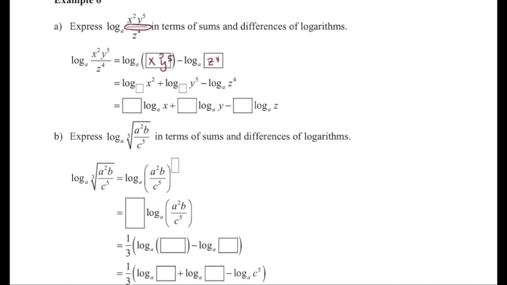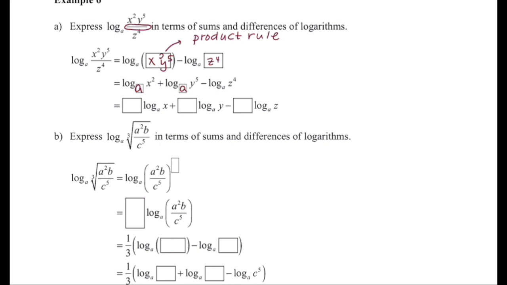So I started with my quotient rule. I now have a product rule, because I'm multiplying x squared times y to the fifth. So I'm going to use the product rule to separate. When I separate, then I'll have log base a of x squared plus log base a of y to the fifth minus log base a of z to the fourth.